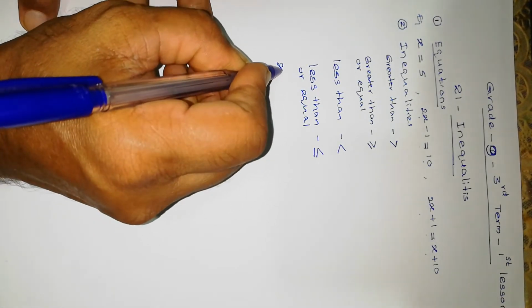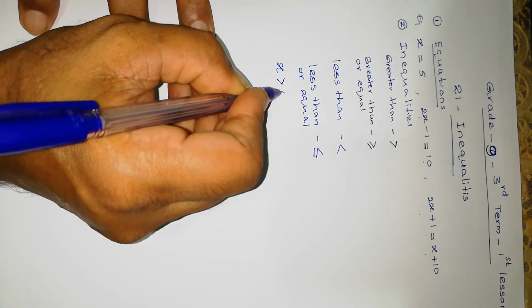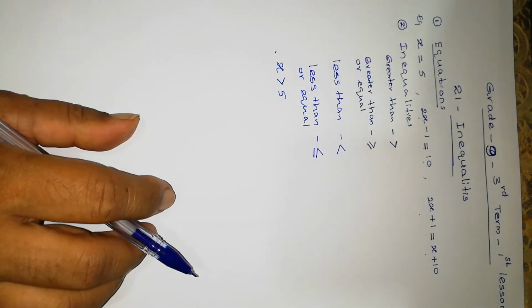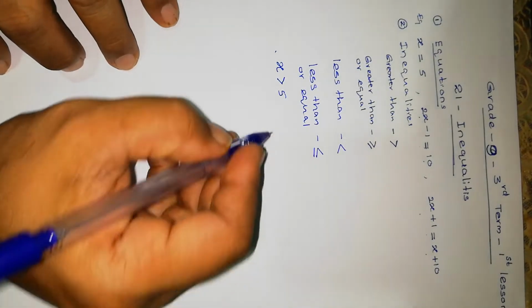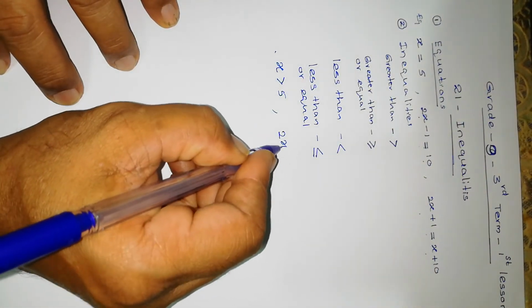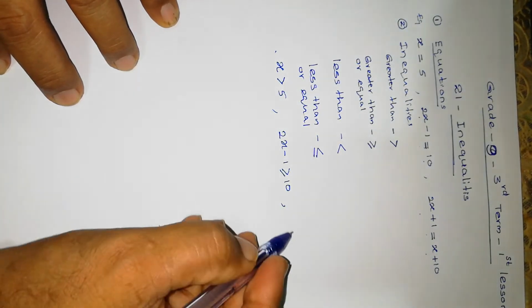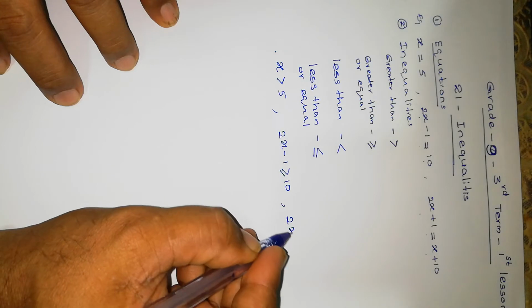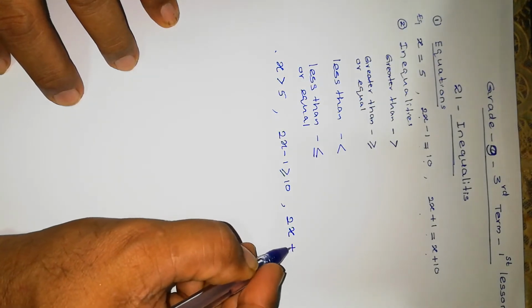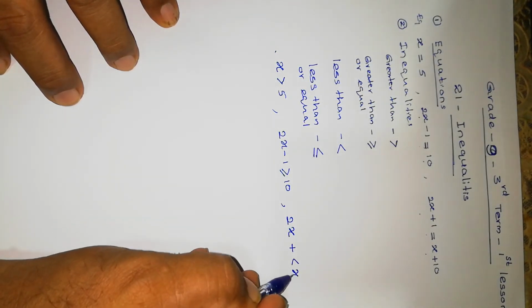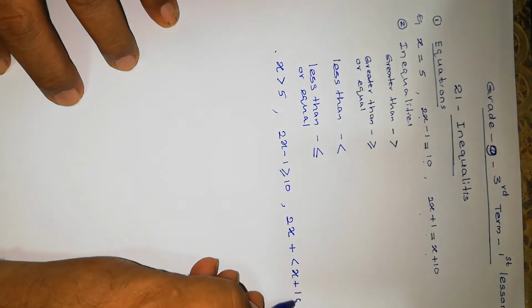Example: x is greater than 5. Next one, 2x minus 1 is greater than or equal to 10. Next example, 2x plus 7 is less than 2x plus 10.